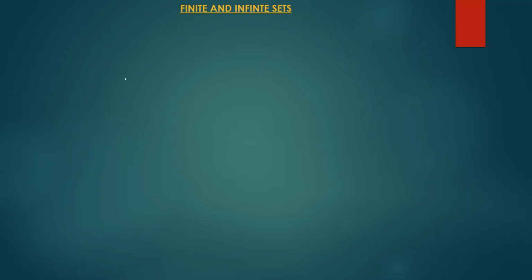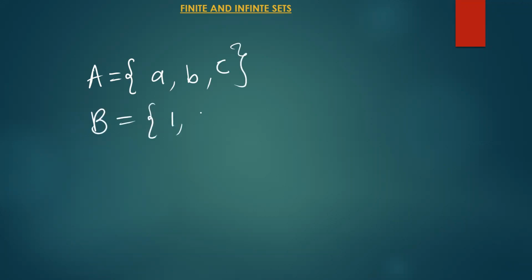So let's say we have set A which has a, b, c, and set B which has 1, 2, 3, 4. So these two sets that I've shown here are finite sets. Why are they finite? Because you can count the number of elements in these sets.